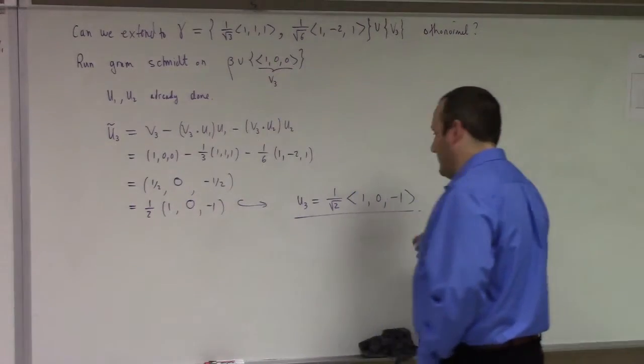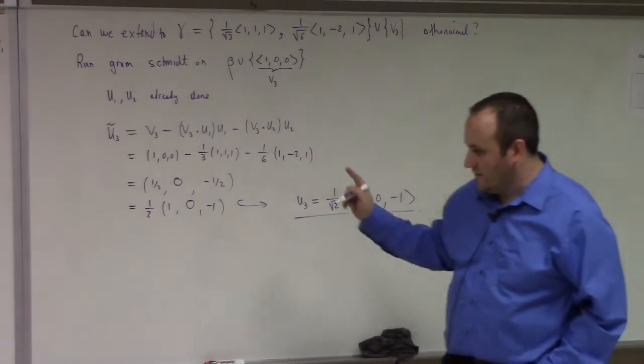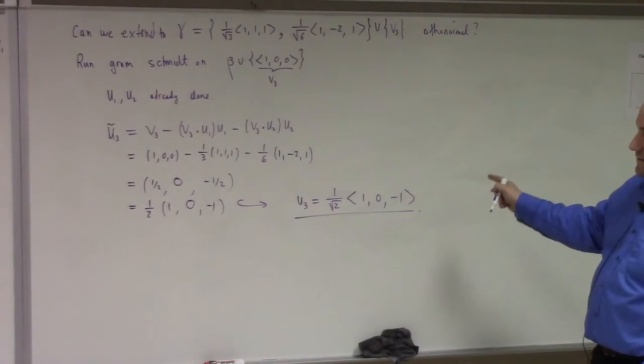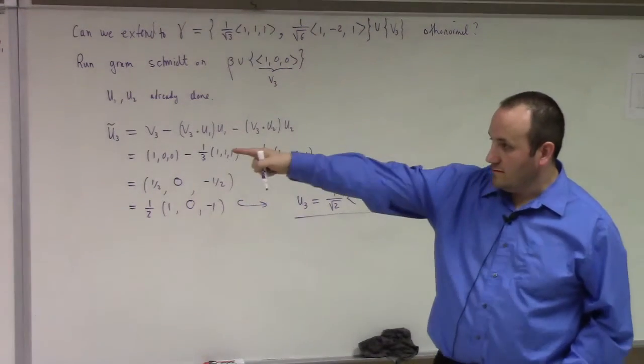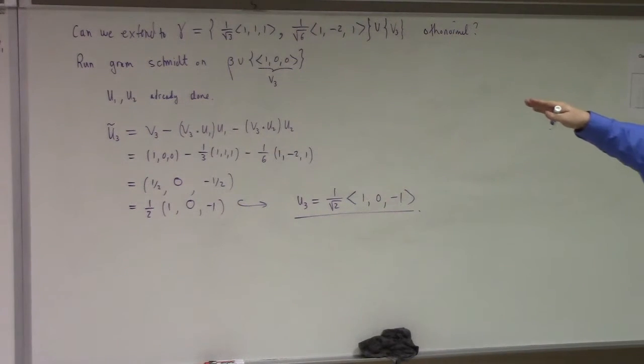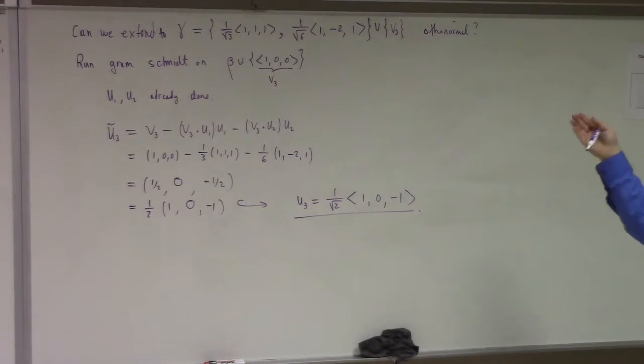Now that, I think you can see, is obviously perpendicular to U2, and it is perpendicular to U1, and it's length 1. So there you have it. This is an orthonormal basis, which we just built by extending the orthonormal basis for the subspace W to the whole space by just guessing a point outside the subspace.